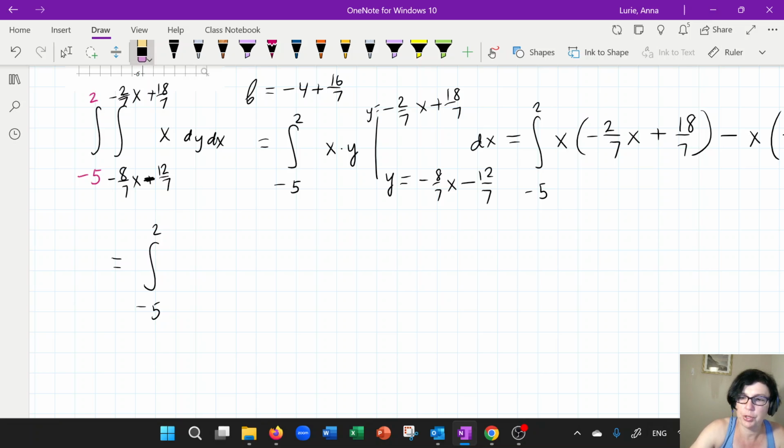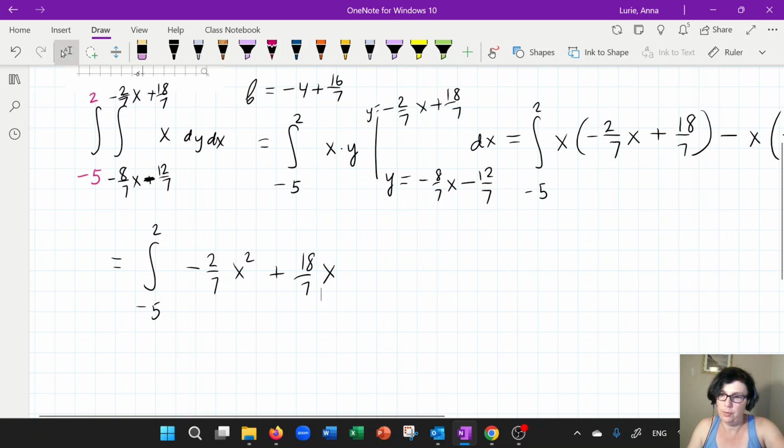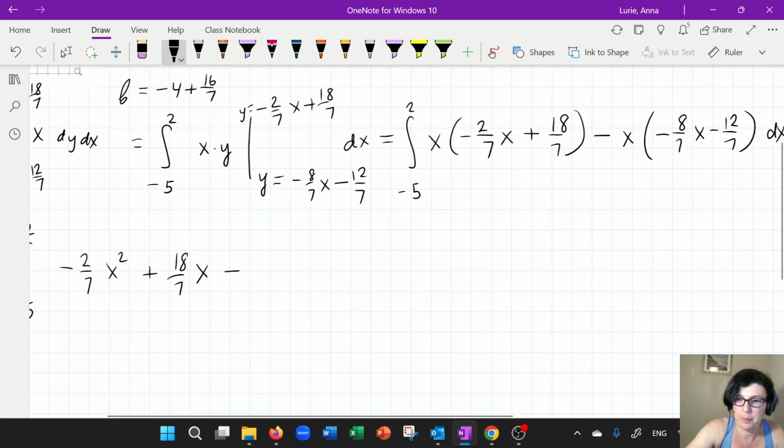All right, so first of all, distributing the x here, this is -2/7 x squared plus 18/7 x. And then the other one will become actually positive, right? 8/7 x squared plus 12/7 x.